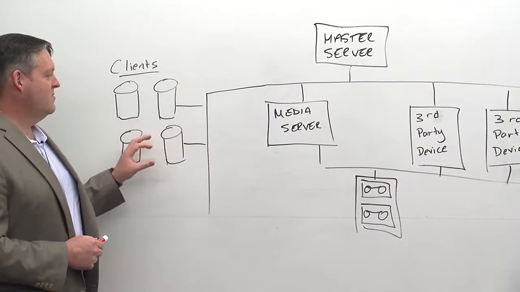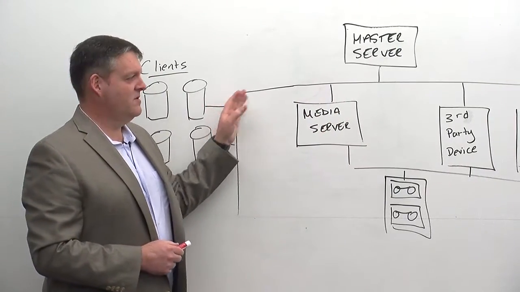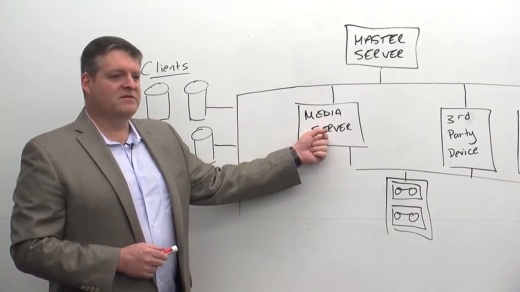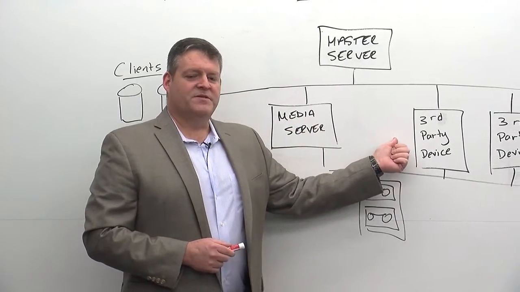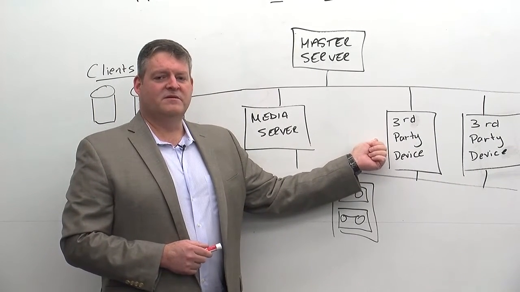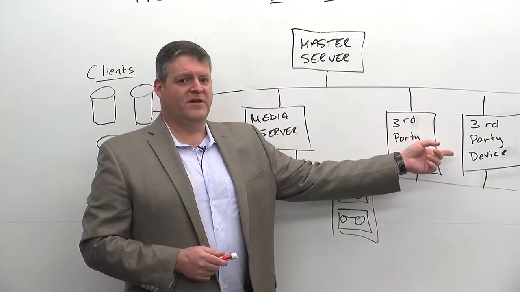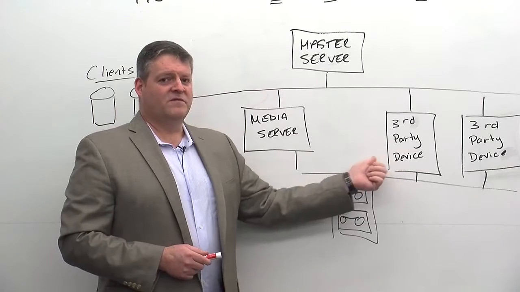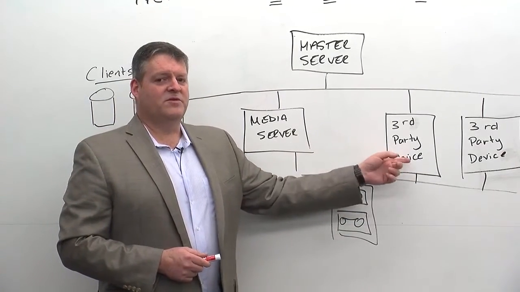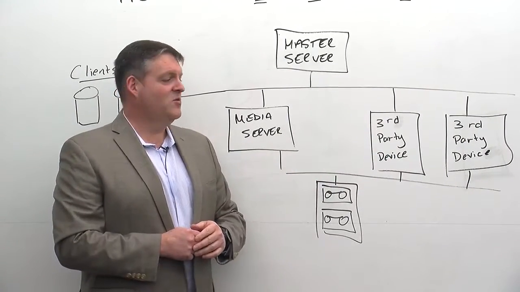From our media servers, we would reach out to the clients and pull the data across the network, whether it's LAN traffic or WAN traffic. We would pull the data across to a media server, which would busily write it off to a storage device. And if the third-party device did something with that image, like replicated it to another device, copied it, or moved it off to tape, and we had no actual interface to find out what the third-party controlling system is doing, we would lose connectivity with the image.